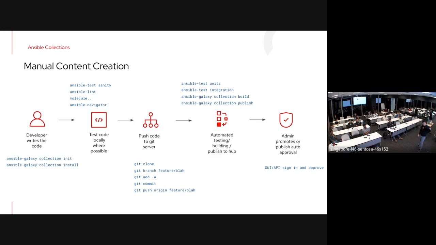And after which, the admin is able to promote or publish as required. So those are things that can be done when it comes to manual content creation from the hub. The change control really will be handled by the admin themselves.